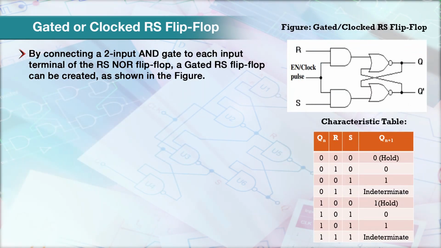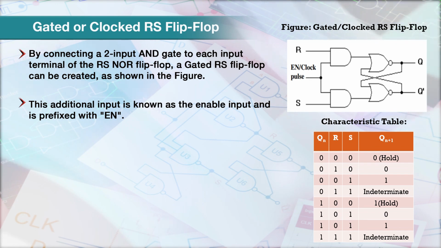By connecting a 2 input AND gate to each input terminal of the RS NOR flip flop, a gated RS flip flop can be created as shown in the figure.